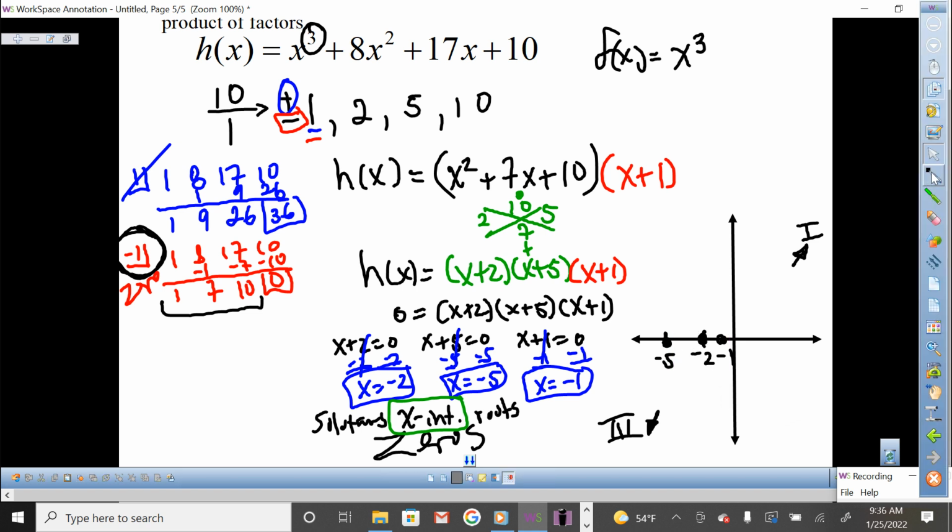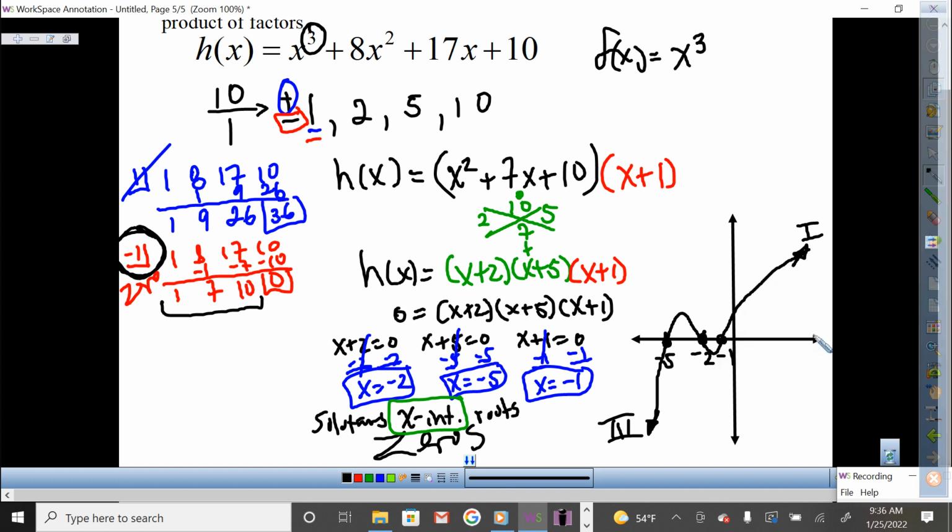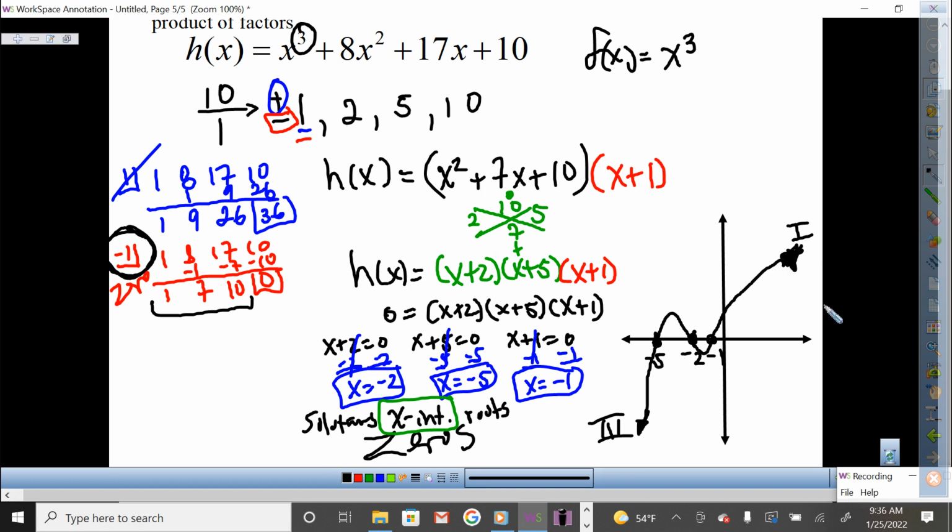Yeah? All right, so here we go, from left to right. There it is. And that's our graph. Does that make sense? It starts over here, it ends over there, and in between we have how many roots or how many x-intercepts? 3, okay?